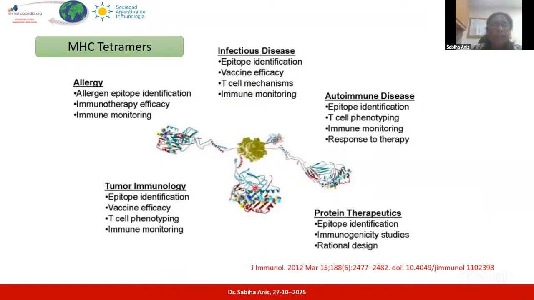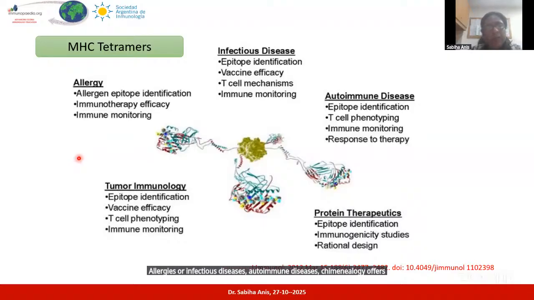Its application is in finding the allergen and epitope identification in allergies, infectious diseases, autoimmune diseases, tumor immunology, or for protein therapeutics. They are also used to gauge immunotherapy efficacy, immunomonitoring, to look at the T cell mechanism, the vaccine efficiency, and so on and so forth. So it has a lot of applications.